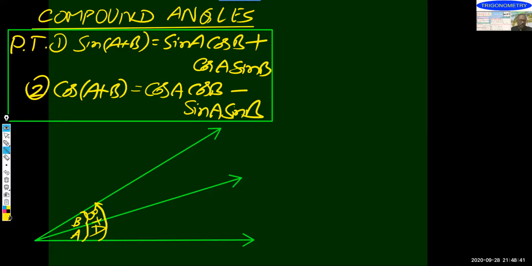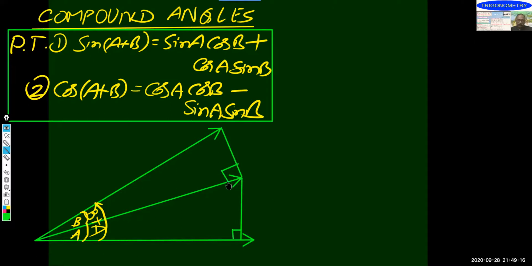I'm constructing the right angle triangles here by simply drawing a perpendicular from this line to this line. This is one right angle triangle. How? This is 90 because I have drawn a perpendicular. I draw another perpendicular from that point, and I am constructing the second ray in such a way that the perpendicular meets it at its edge. So this is another right angle.